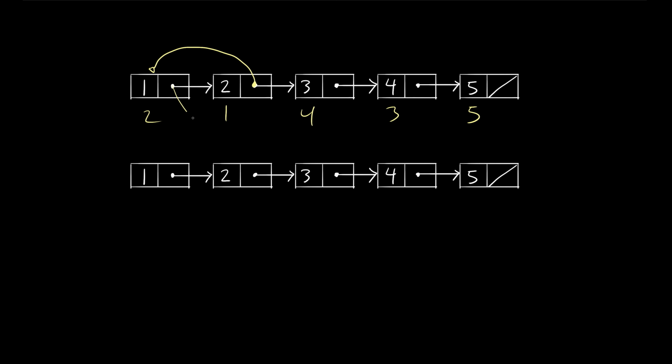So that means you're going to have to go all the way to here, right? And then also the head will be now on 2 instead of 1. And then 3, instead of pointing to 4, it's going to point to 5. And then 5 is going to stay here, which is fine. But then 4, instead of pointing to 5, it's going to point to 3. As you can see, this method might be quite complicated.